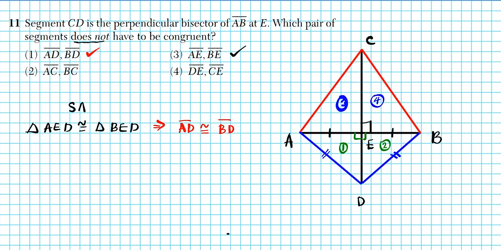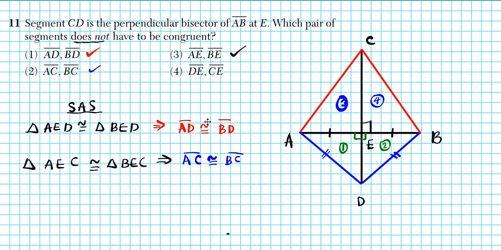So using that congruency postulate, we can automatically conclude that triangle AEC is congruent to triangle BEC. So what does that tell us? It tells us that segment AC is congruent to segment BC. Okay, so this is true.